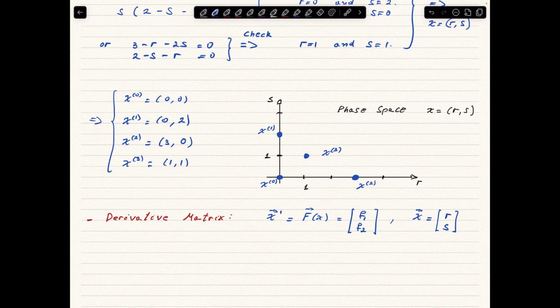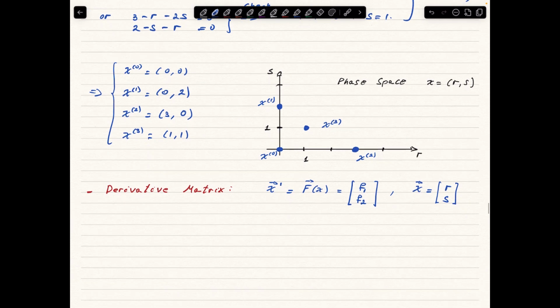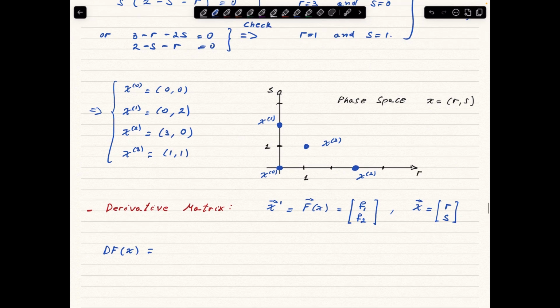If we do all that, then the derivative matrix, so let's put it here, the derivative matrix function of the point is going to be equal.